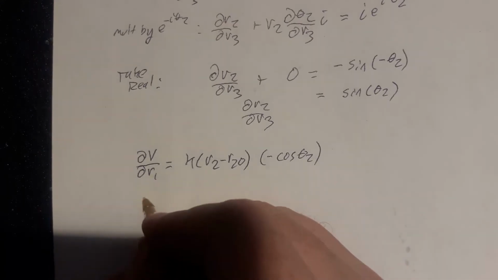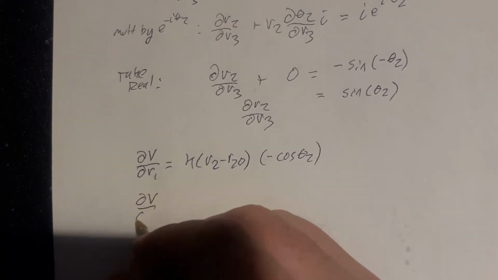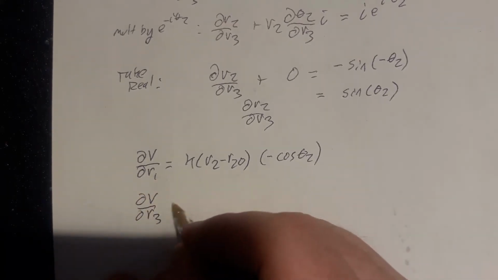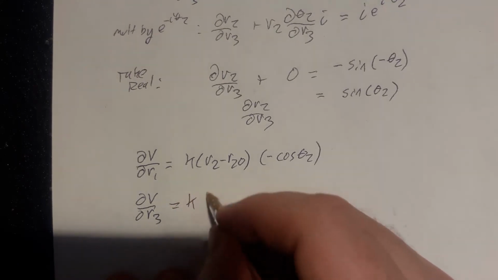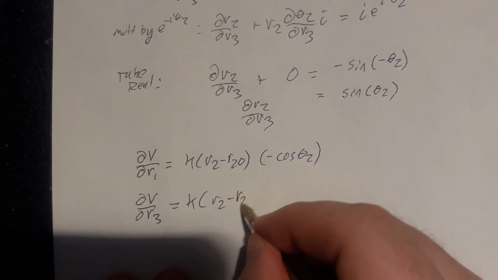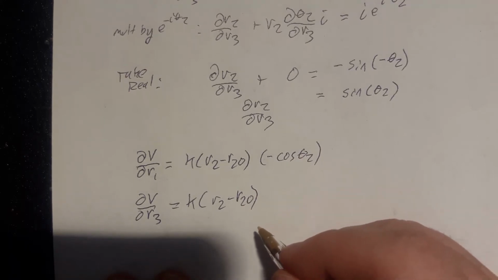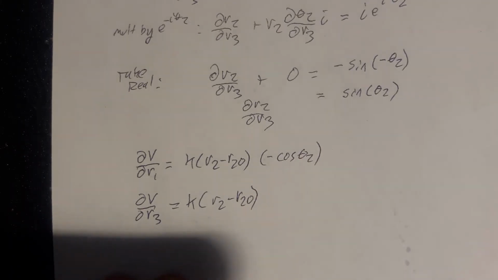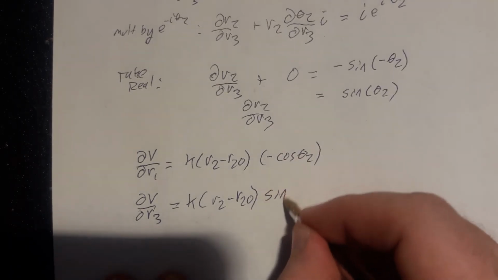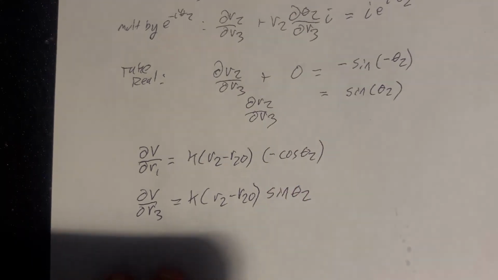And the other expression we were interested in was dV/dr3, and that was k (r2 minus r2 naught) times dr2/dr3, which is going to be sine theta 2.